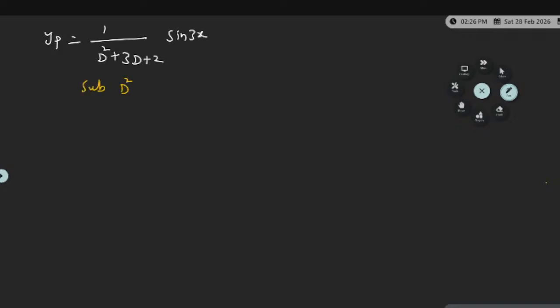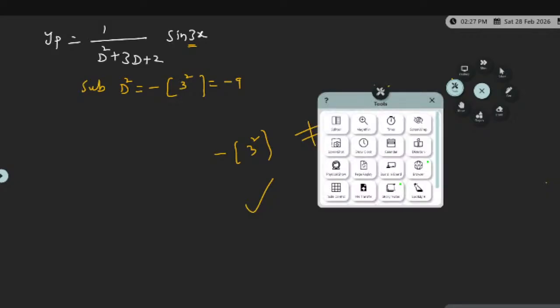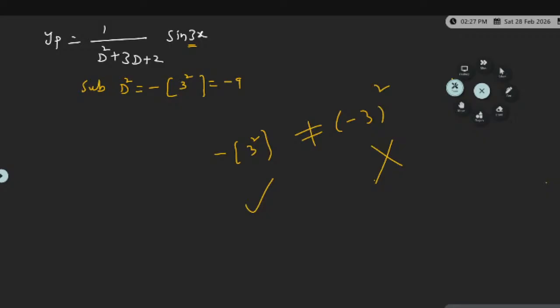Substitute here, what is the value? That is minus 3 square, minus 9. The minus is separate, it is not for 3. Dear students, I have written like that. I am using the left side one.